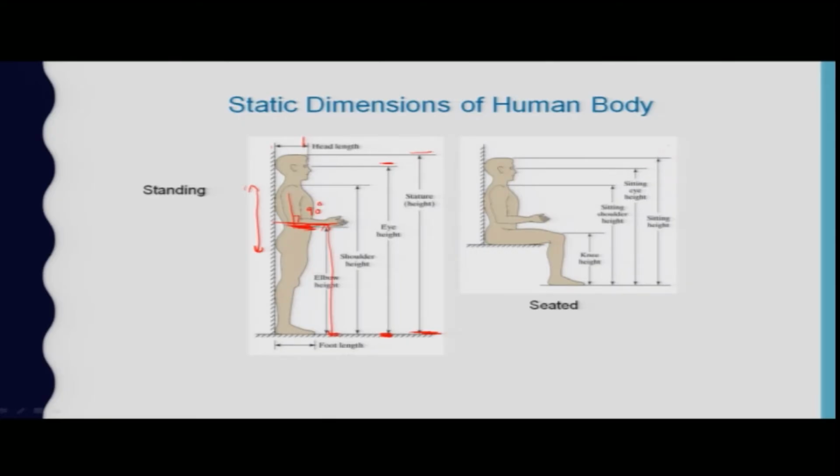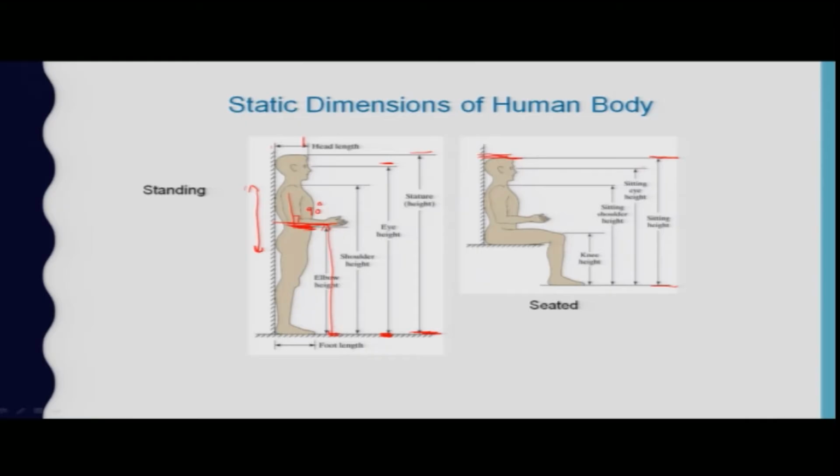Here is how we can define and measure sitting height, sitting erect: the vertical distance between the horizontal sitting surface and the highest part of the head. This is the highest part of the head and this is the floor. The distance between the floor and the highest part of the head is known as sitting height.